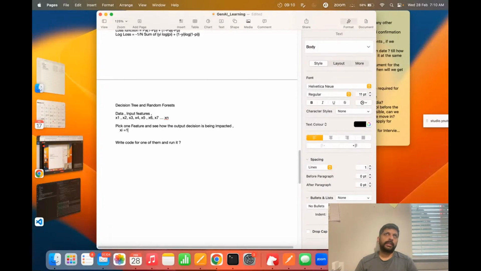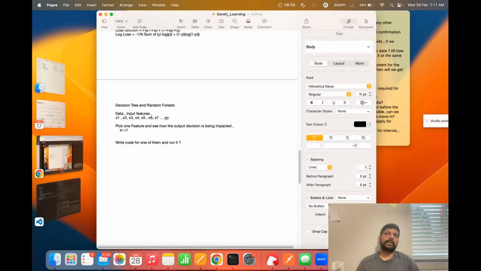For example, let's make xi the annual income of a person, and if the annual income of the person is 120k, then what are the chances of the loan being issued, and what are the chances of the loan not being issued? Those are classified, and made into two different modes.